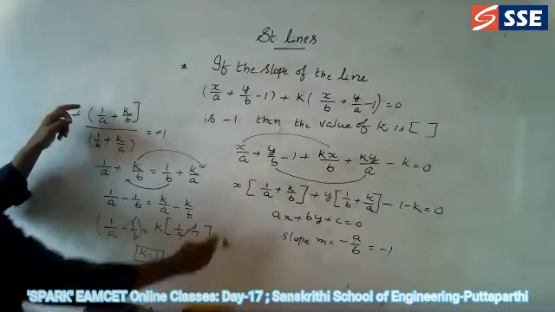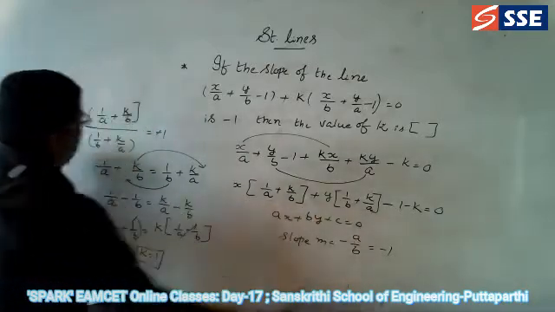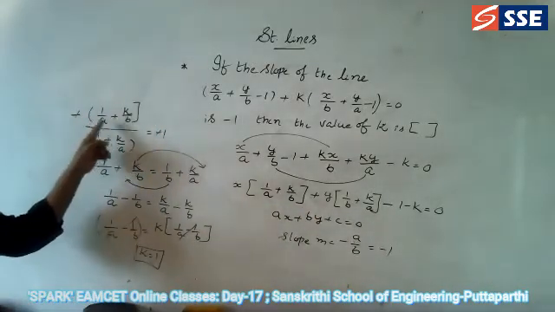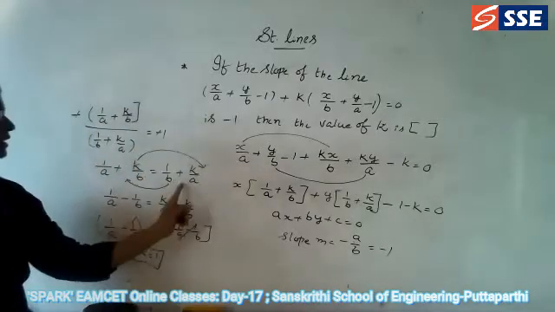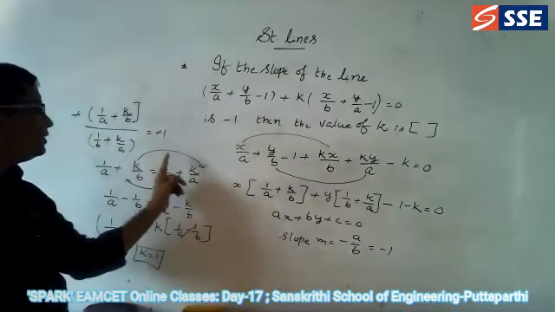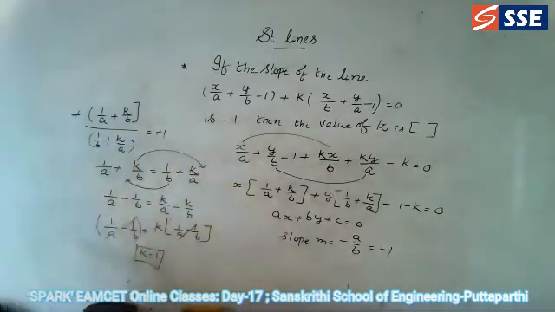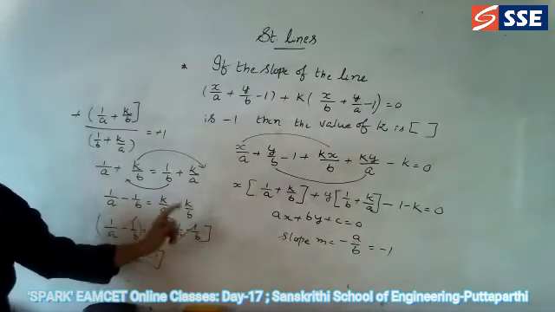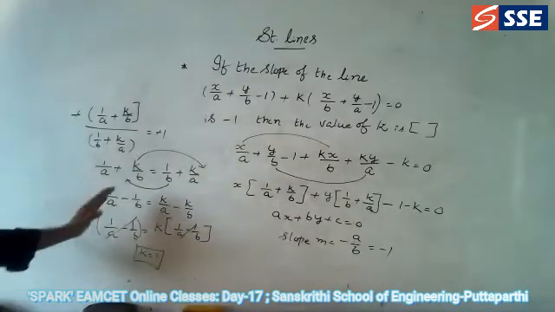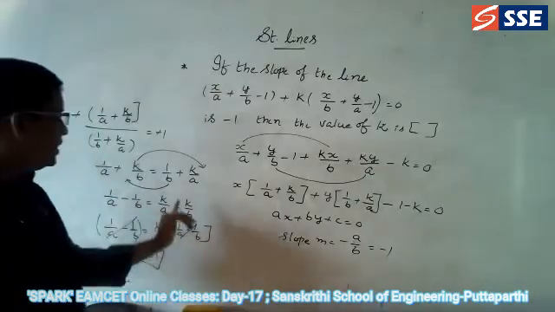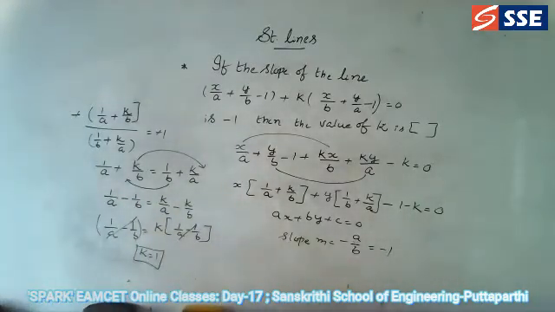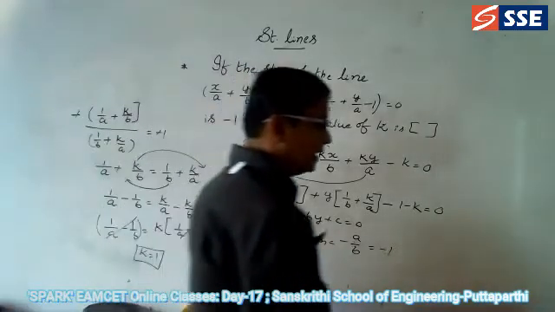So cross multiply: 1 by a plus k by b is equal to 1 by b plus k by a. So 1 by a minus 1 by b is equal to k by b, k by a minus k by b. So 1 by a minus 1 by b is equal to k into 1 by a minus 1 by b. So k is equal to 1. This is the answer for this problem.